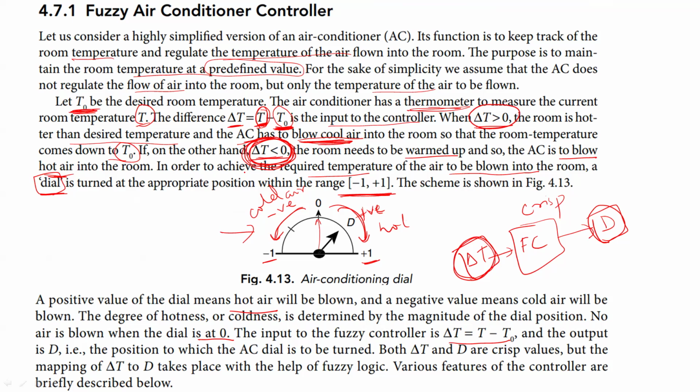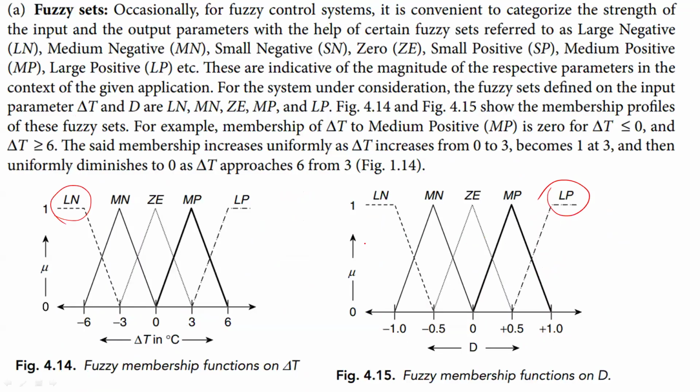That means the room needs to be warmed up. When the room needs to be warmed up, what is the direction of the dial? The dial has to go in the positive direction, so you have to reach up to the point +1. Then only you can have hot air blown into the room. That means the room is already chill. So if the room is already cold, then you need to move in the positive direction on the membership functions of D.